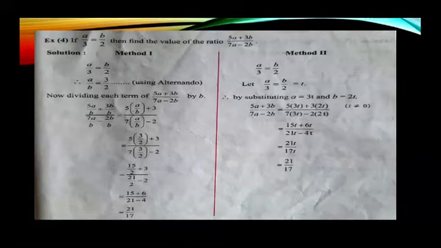We get 5 into a upon b plus 3, upon 7 into a upon b minus 2. Substituting the values, 5 into 3 upon 2 plus 3, upon 7 into 3 upon 2 minus 2. We need to solve this.